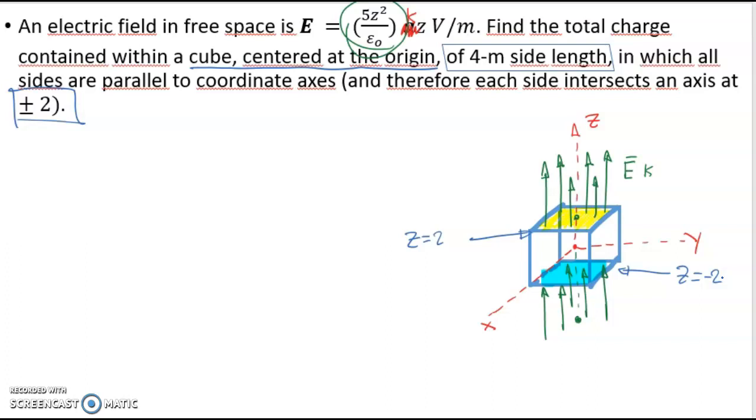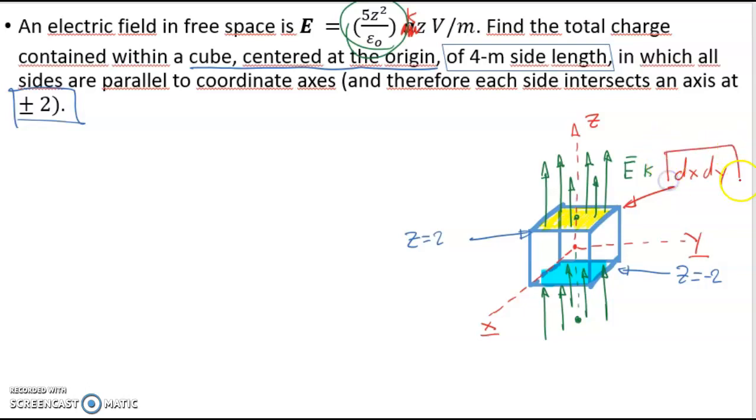What else? We know that for a cube, we will have a differential surface element for each side. If we're working with the upper side, which is parallel to the x and y plane, the differential element for this surface is going to be dx dy.